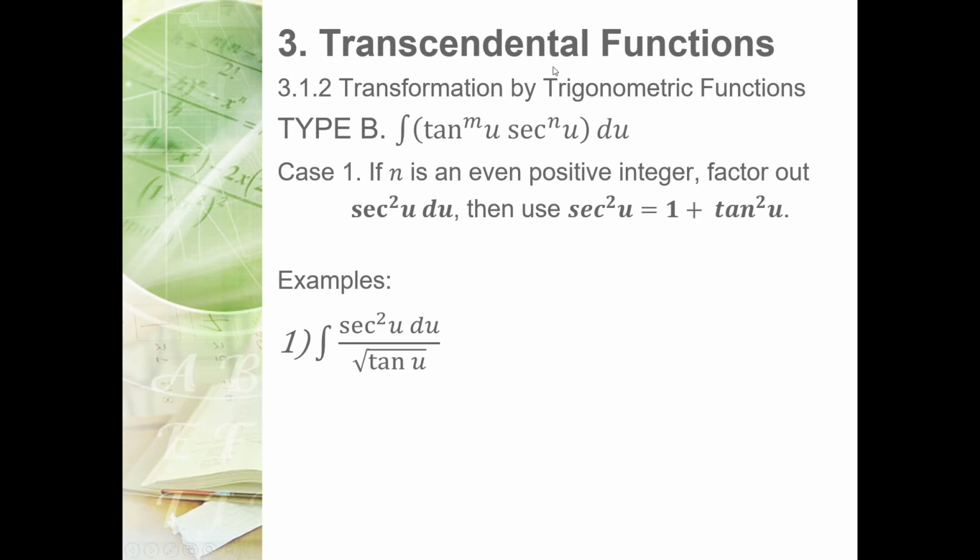Okay, so if n is a positive integer, that would be the exponent of the secant function. There are different pronunciations as far as I know, so you can call it secant, you can call it secant.